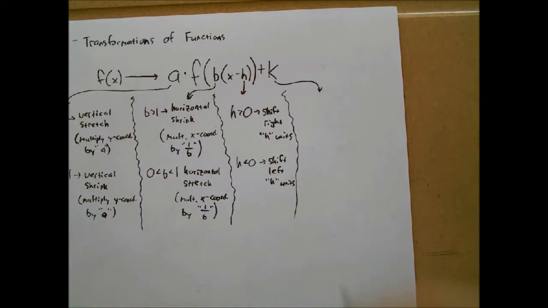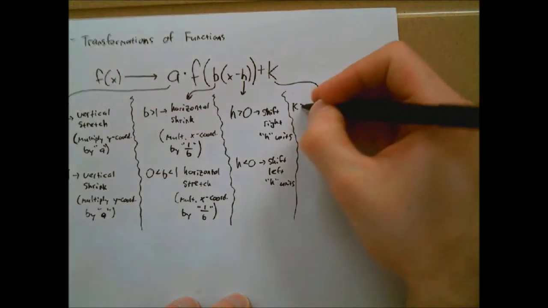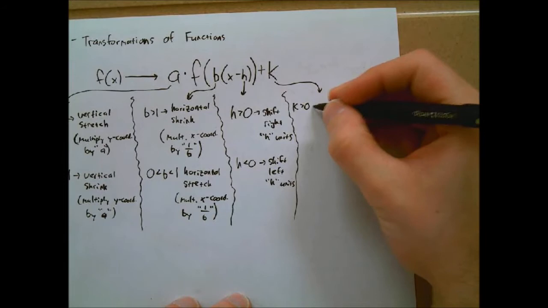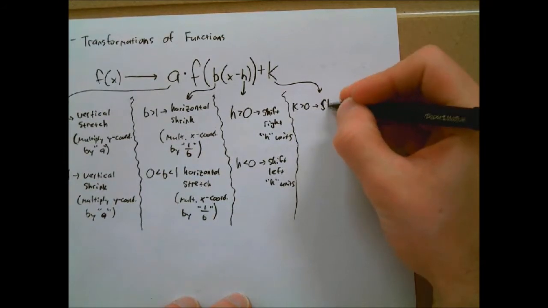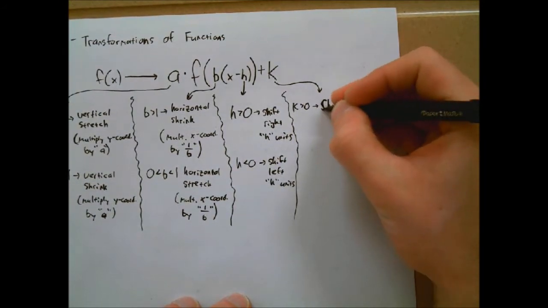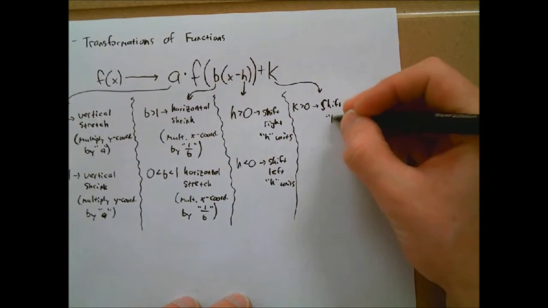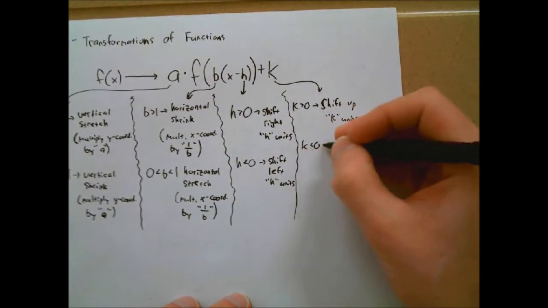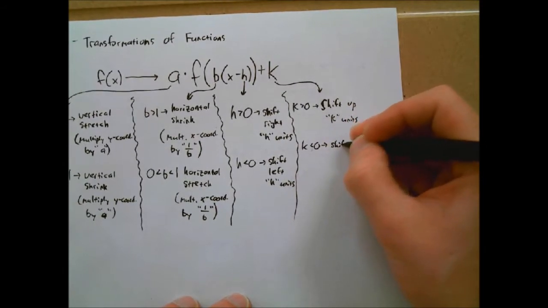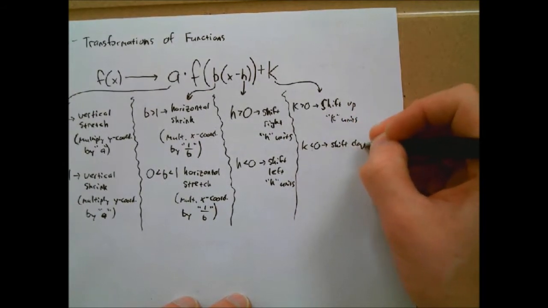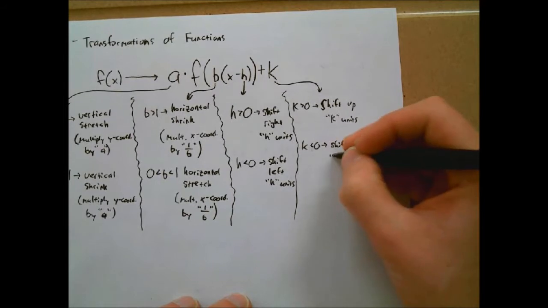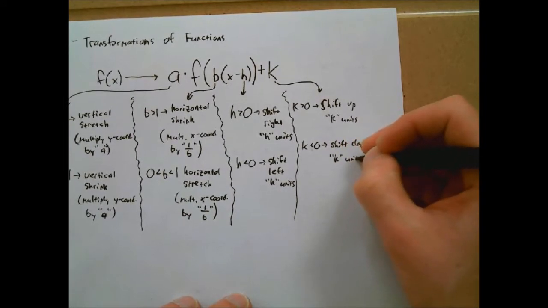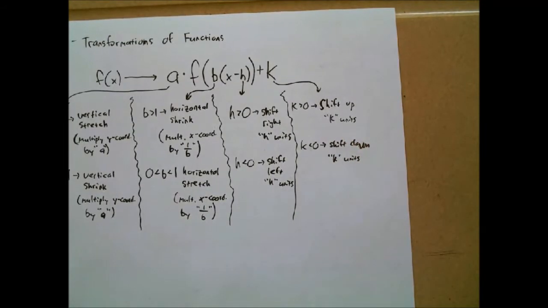So again, k greater than 0, shift up k units. K less than 0, shift down k units. Okay? And there's our transformations.